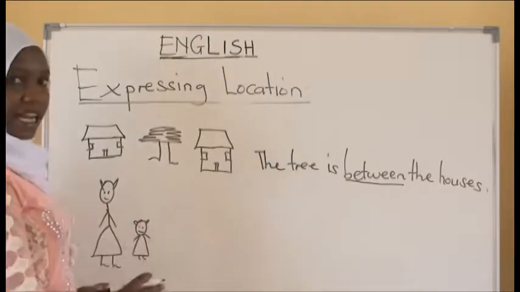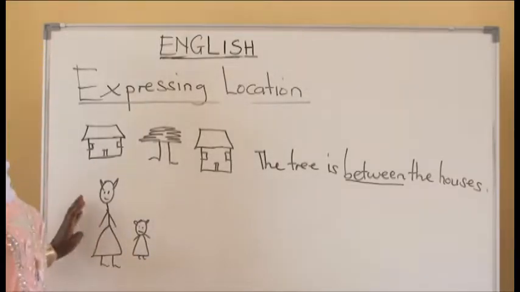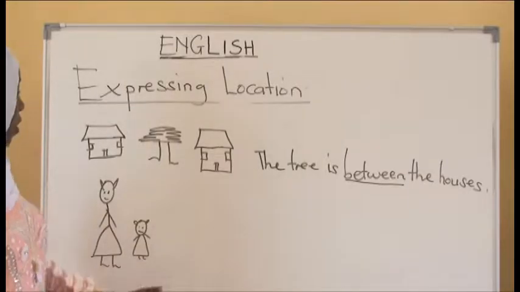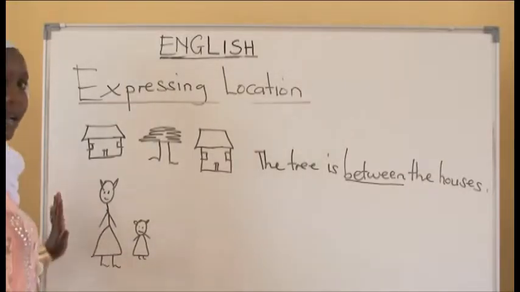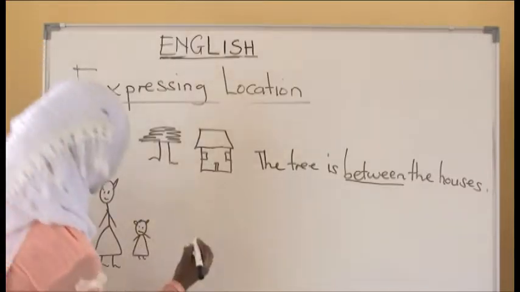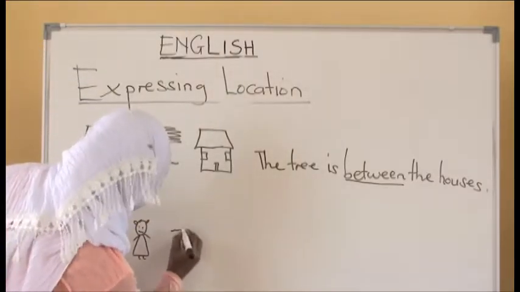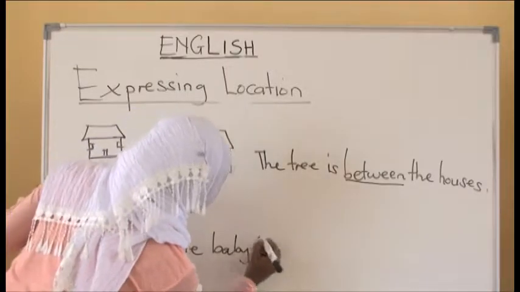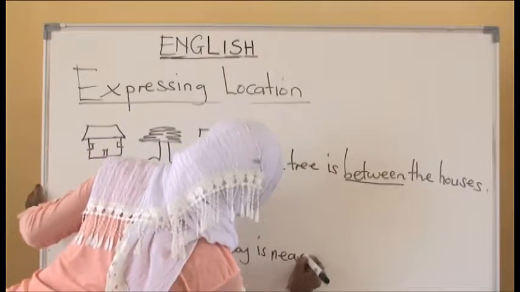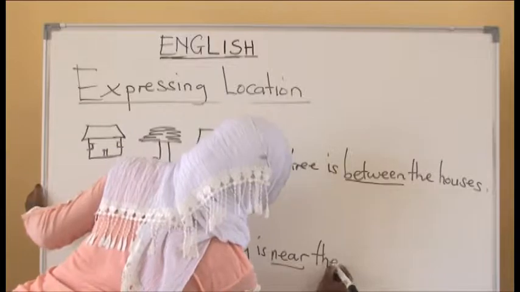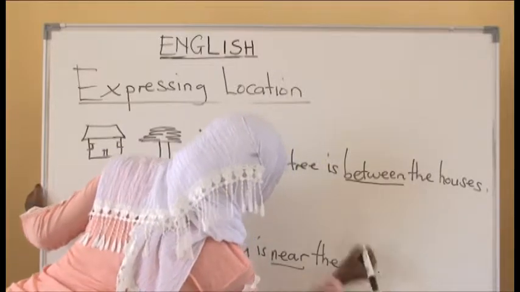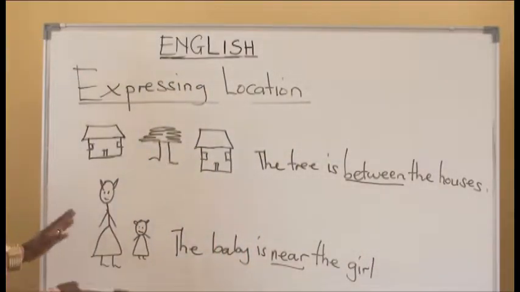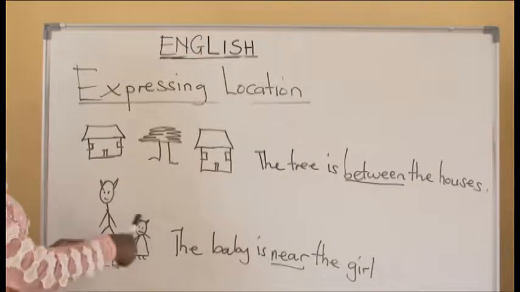Because they are beside each other, we say the girl is near the baby or the baby is near the girl. They are standing beside each other, so they are nearby.